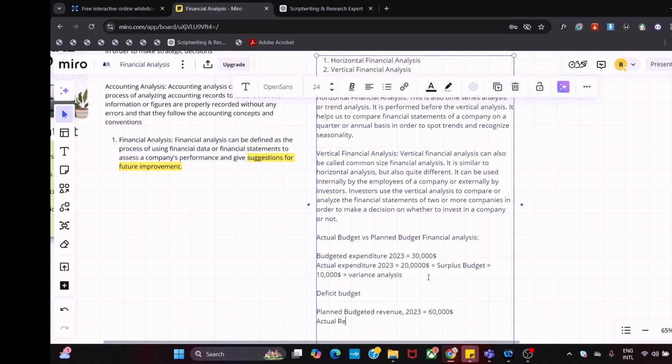Actual revenue indicated 70. Okay, well, let's not use revenue, let's use liability.